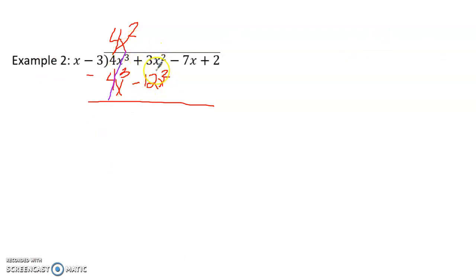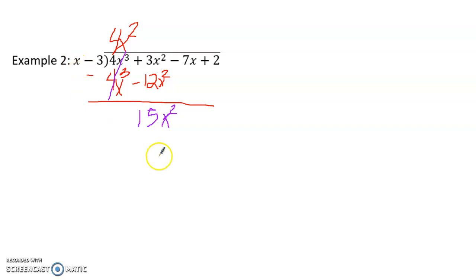And then we get 3x squared minus negative 12x squared. Now remember that when we're subtracting a negative, that means we need to add. So we really have 3x squared plus 12x squared, which is 15x squared. And then we do the same process again.